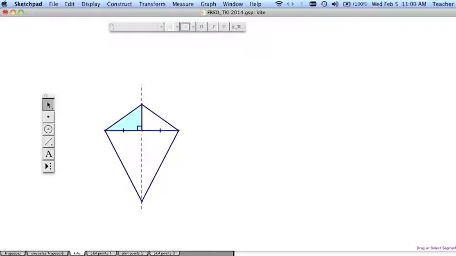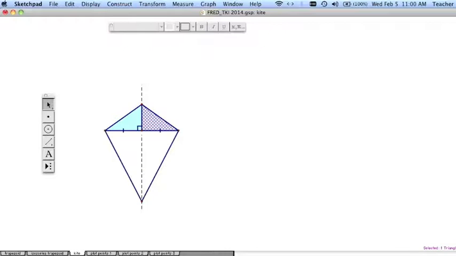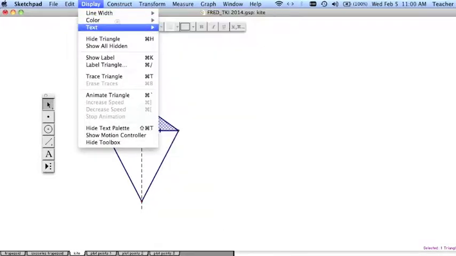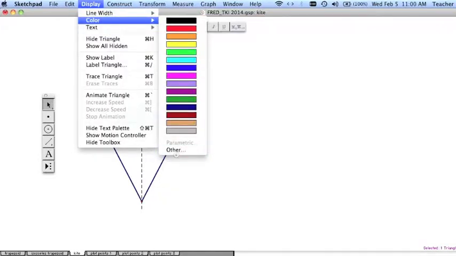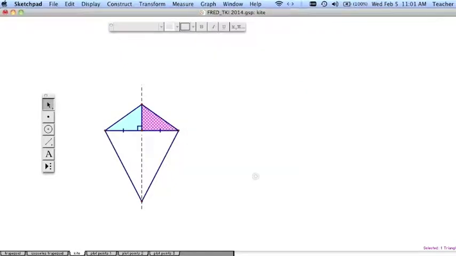And if I were to reflect it, is it going to fit? What does that mean about the 2 triangles? They must be, you can use the C word, congruent. In the truest sense of congruence, they're exact fits. I could flip one over, I could rotate it, I could translate it, and it would map onto the other one.